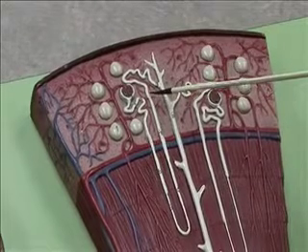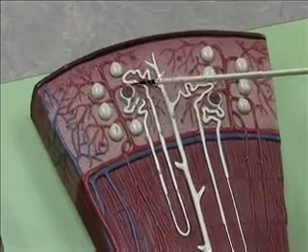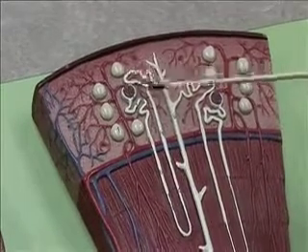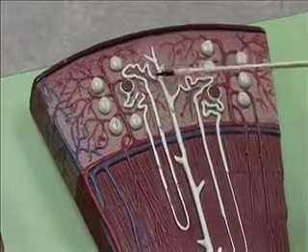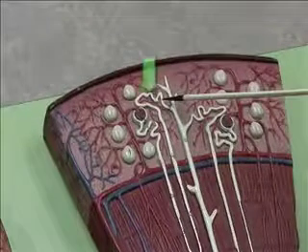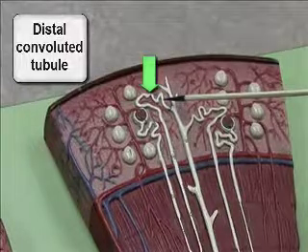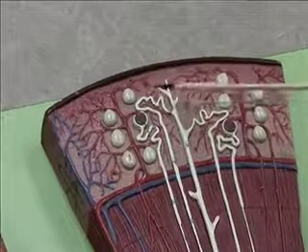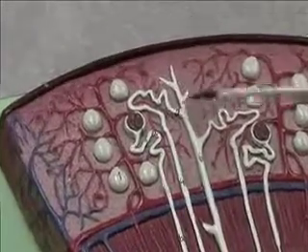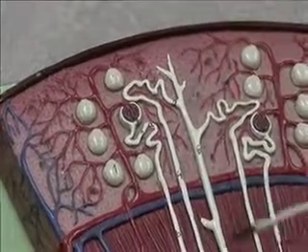The ascending limb in the cortex begins to fold and twist again, becoming the distal convoluted tubule. That distal convoluted tubule ends at a collecting duct.